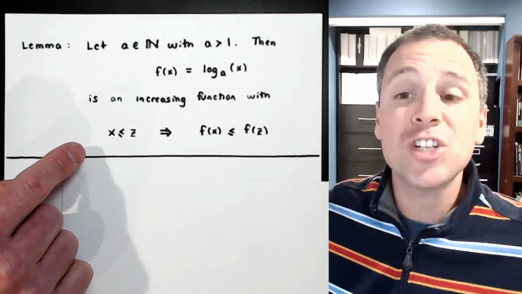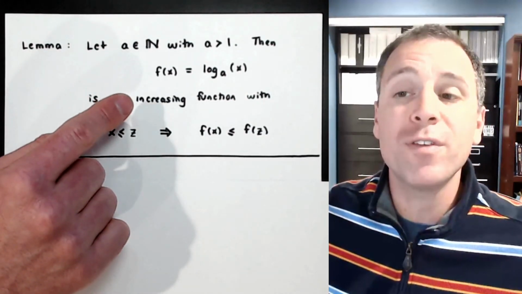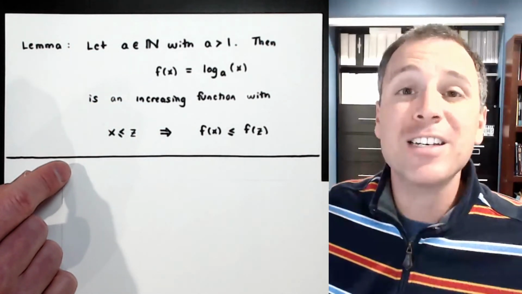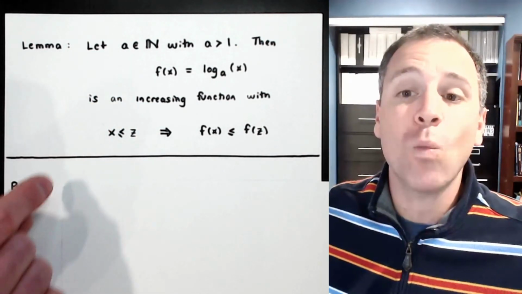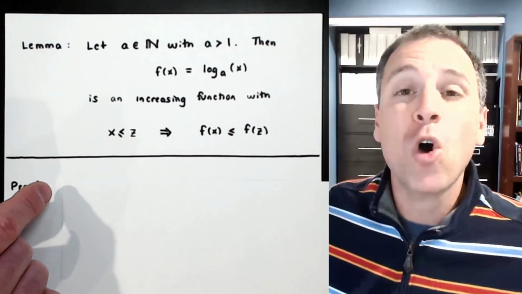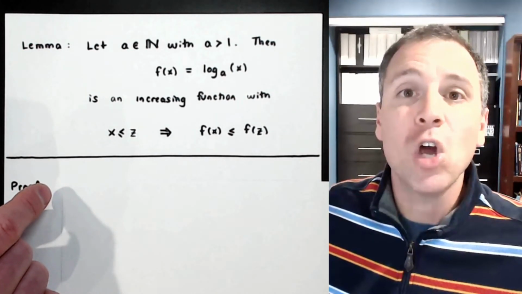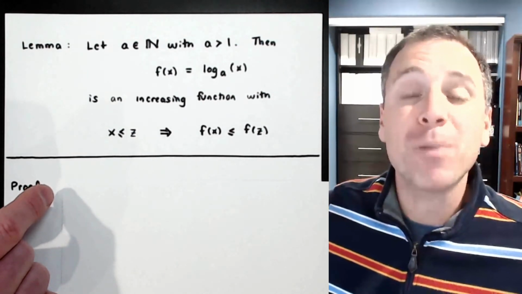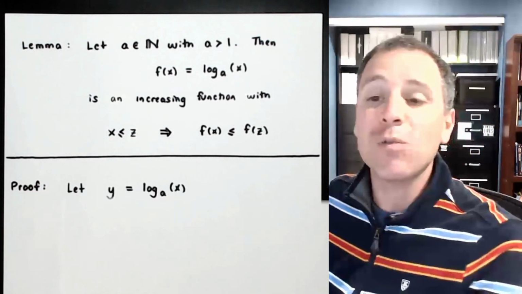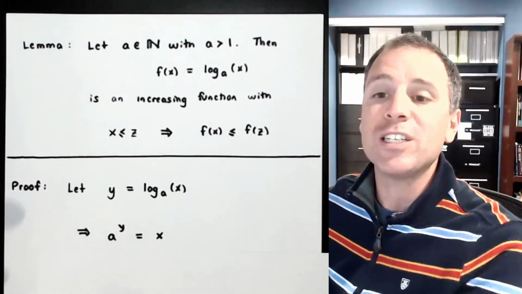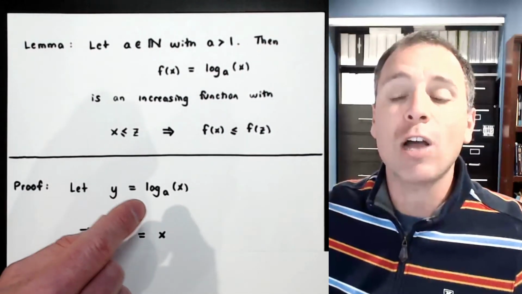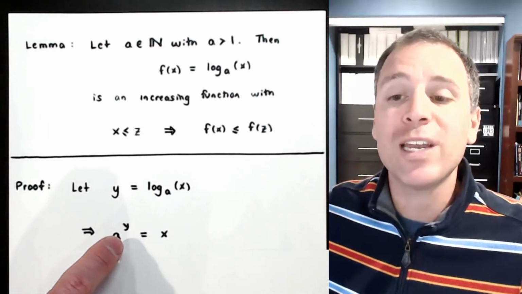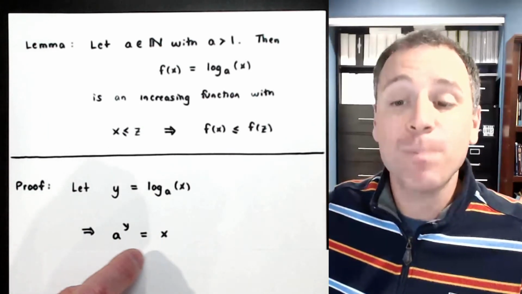So our goal in this justification is to show that the derivative of log base a of x is positive for any positive natural number a that's bigger than 1. To do that, we're going to use something called implicit differentiation, which is a technique that allows us to take the derivative of an implicitly stated function. Specifically, remember that in logarithmic notation, we said that if y equals log base a of x, we could write an implicit relationship between x and y using exponent notation.